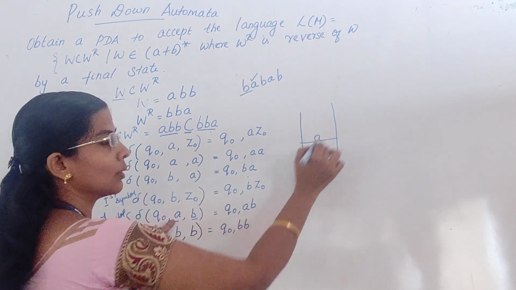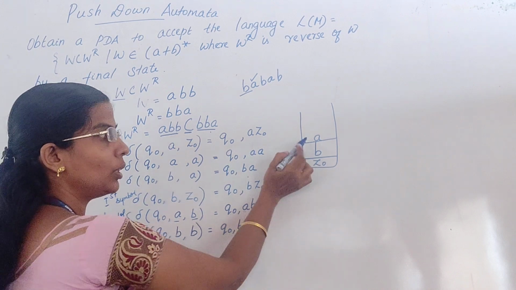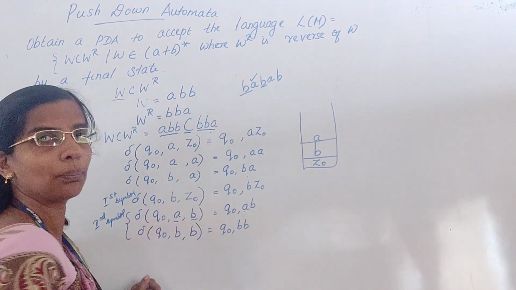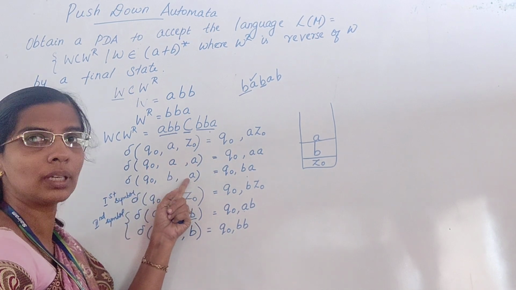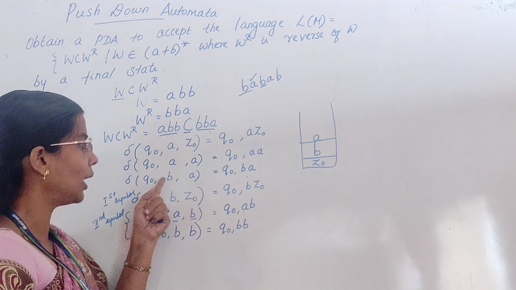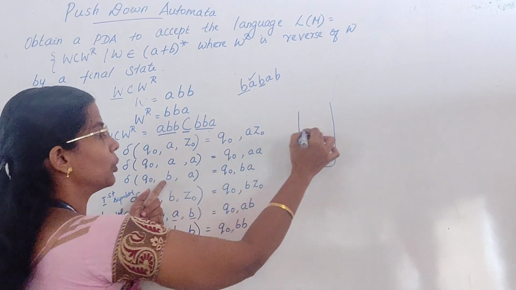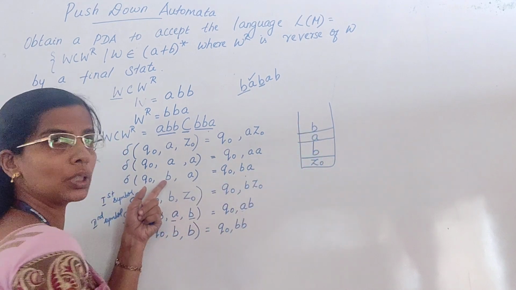Now you can check what is your stack top? A. And what is the input symbol? B. Stack top is A. Here it comes: stack top is A and input symbol is B. What we are doing is pushing BA.